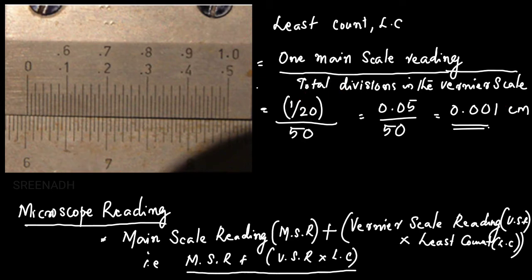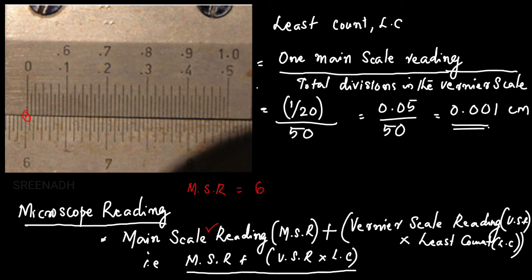The microscope reading is equal to the main scale reading plus the product of the vernier scale reading and the least count. Take the reading of the main scale just before the zero position of the vernier scale. Only one line of the vernier scale coincides with a main scale line. Take the reading of that point from the vernier scale, that is, the number of vernier scale divisions up to that point.